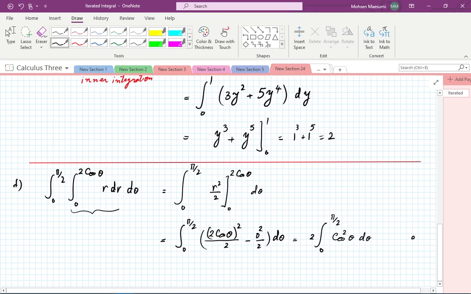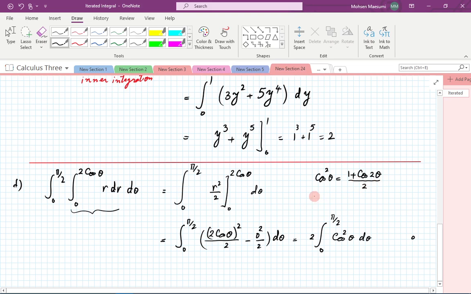Okay, now this is a basic integral from Calculus 1. It requires either integration by parts or a trig identity. You might remember the double angle identity or half angle identity, that cosine squared of theta is 1 plus cosine of 2 theta over 2.